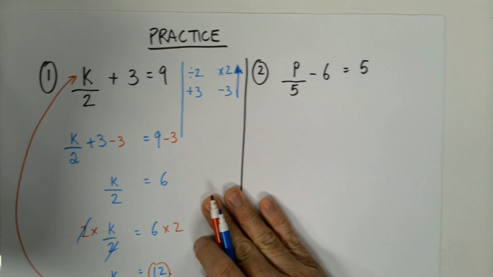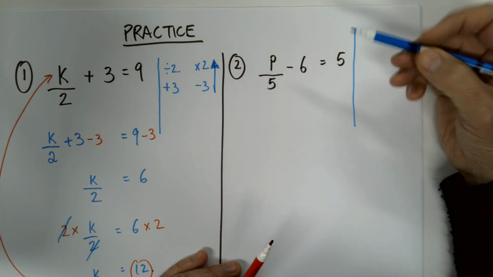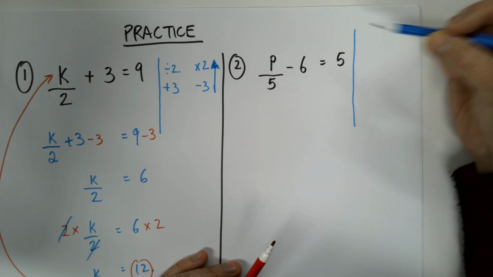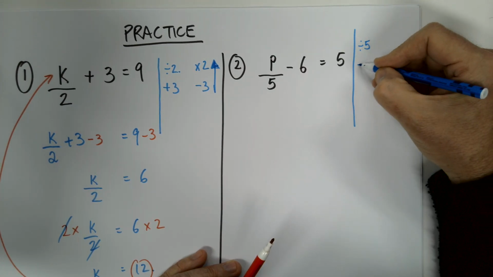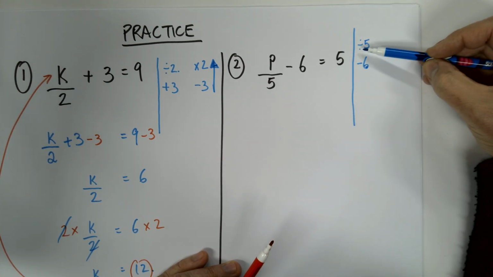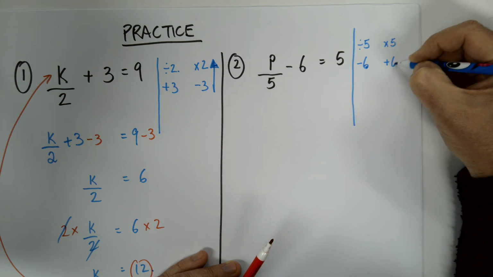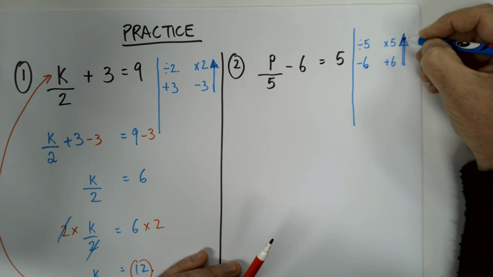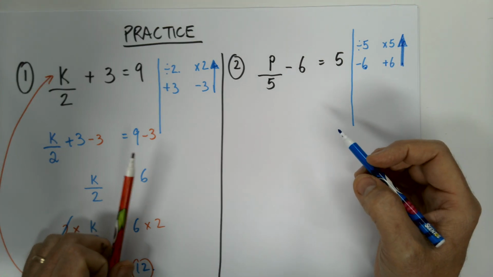Lovely. And my one over here, let's see if I've left enough room at the side here. The first thing that happens to p is it divides by 5. And the second thing that happens is I subtract 6. All right, so putting that in reverse. Times by 5, add 6. There's my game plan. All right, let's do these things to both sides.